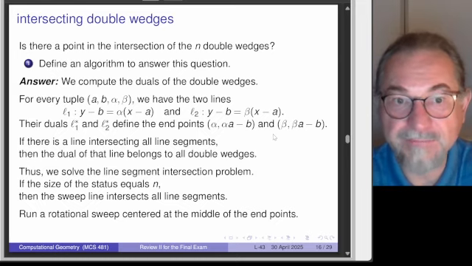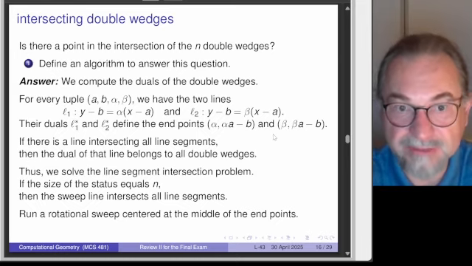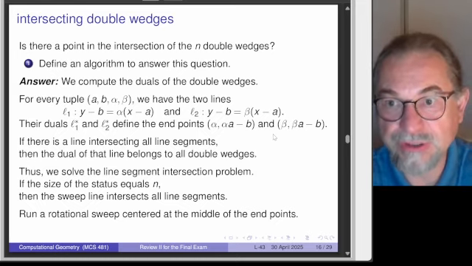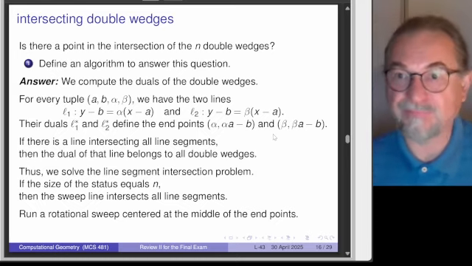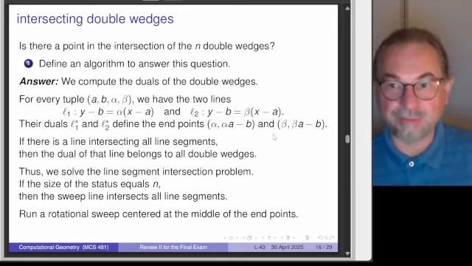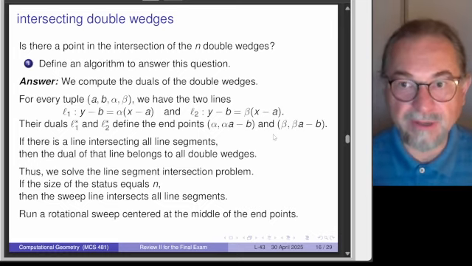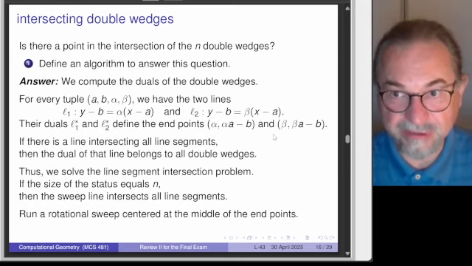So for every double wedge, we have two lines. We take the duals of that, and that defines the endpoints of a line segment. So we have n line segments, and if we have line segments, what did we do with them? Well, we intersected them. If two line segments intersect each other, that's a point.